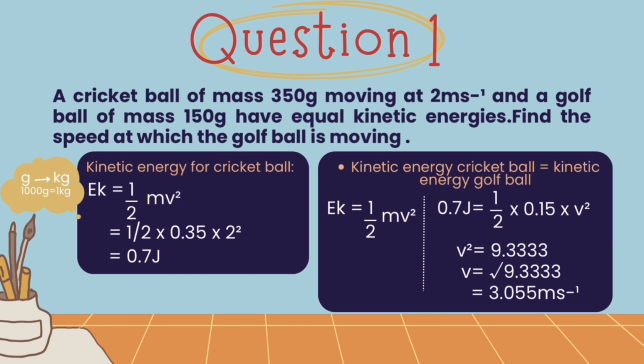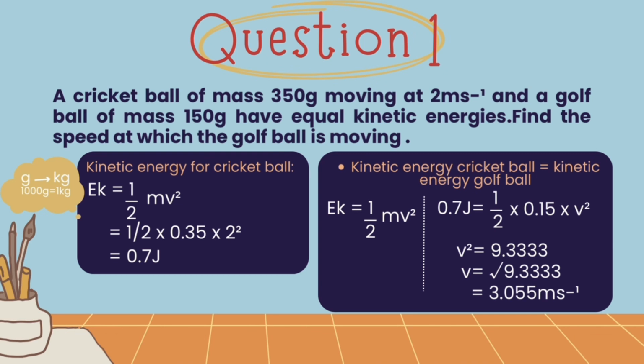Therefore, we will get 1/2 multiplied by 0.35 multiplied by 2 squared. Why do we use 0.35 instead of 350 gram? Actually, we have already converted 350 gram into kilogram, because in the kinetic energy formula, we must use the unit kilogram, not gram. The kinetic energy of the cricket ball is 0.7 joule.